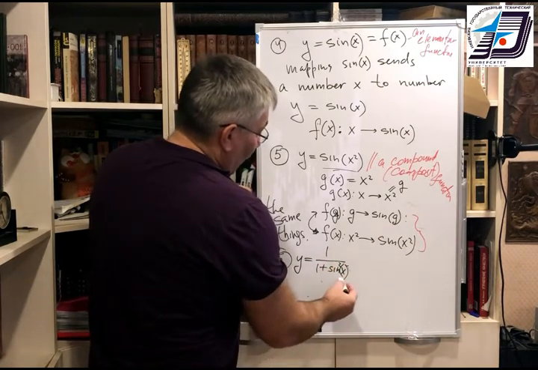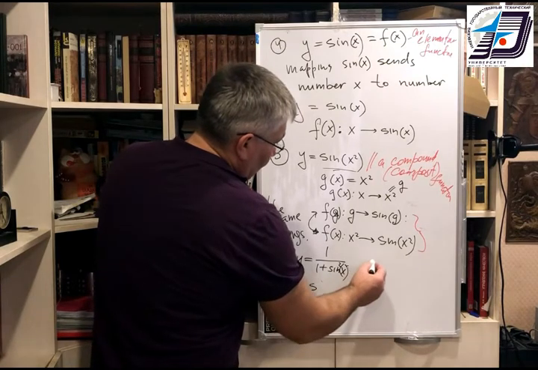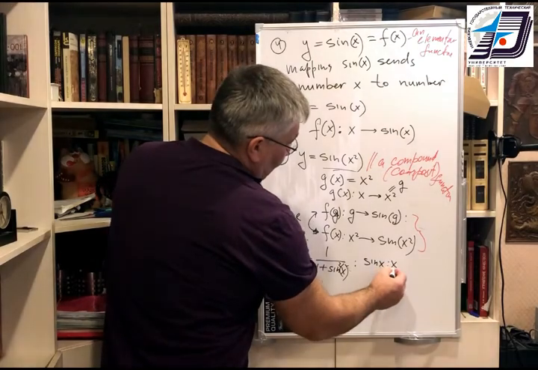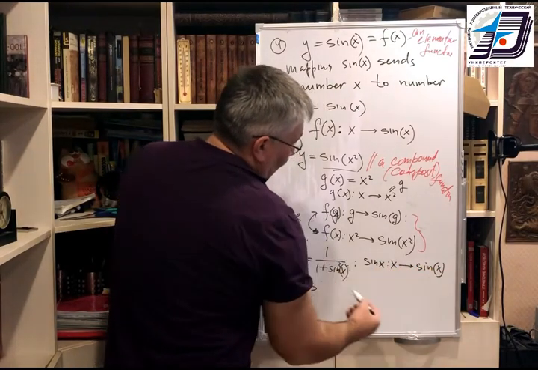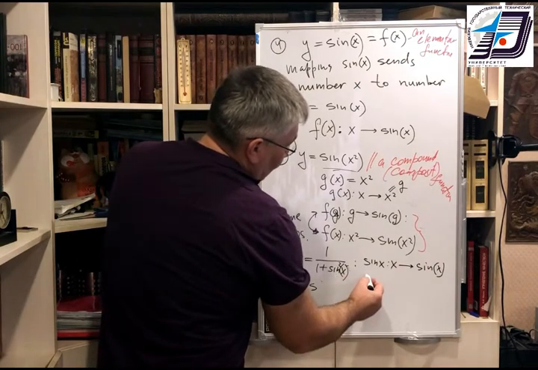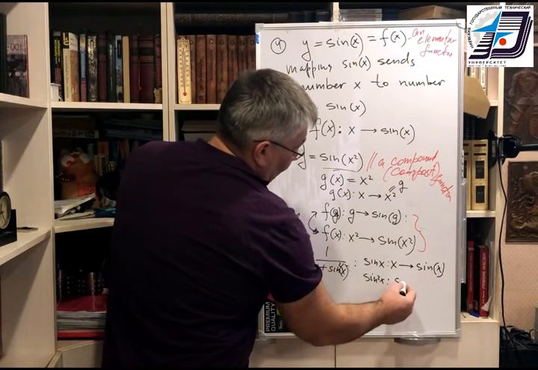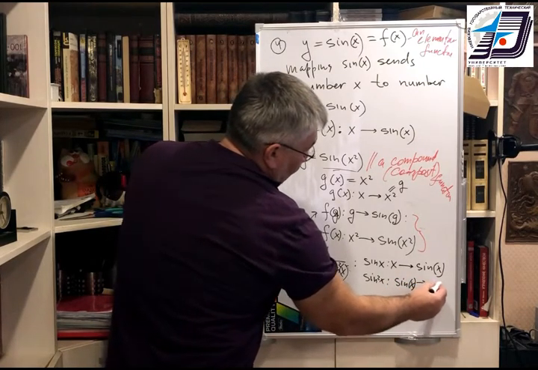Firstly, the first operation, sine x, sends x to the sine x. The next operation, sine squared, sends this sine of x into sine squared of x.